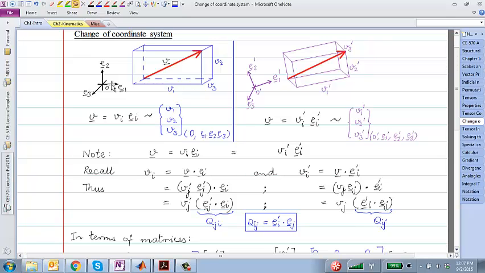So to find these values of qji, what I would have to do is to dot product one of the basis vectors from the prime system with another basis vector from the unprimed system. And how many possible values would I get? 9 possible values, because i could be going from 1 to 3, j could be going from 1 to 3.